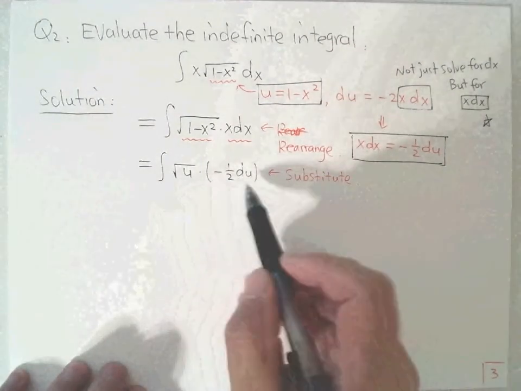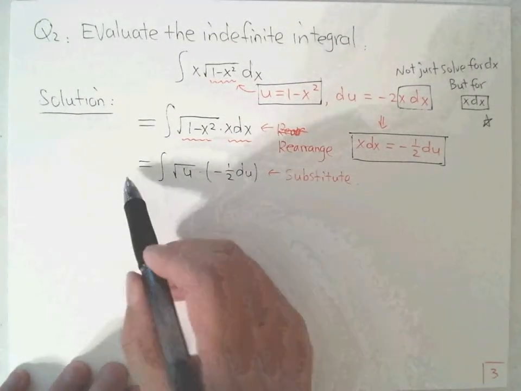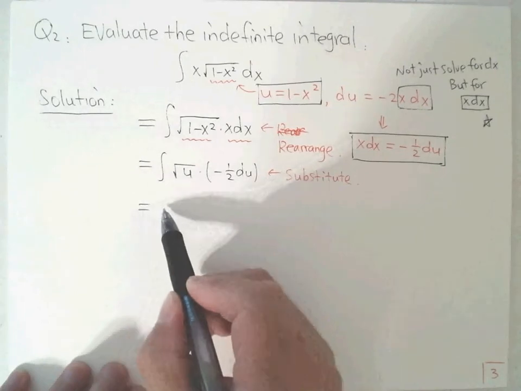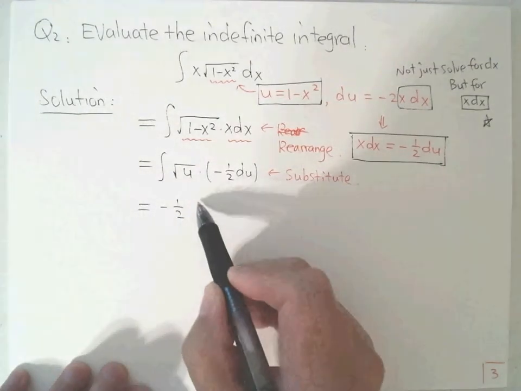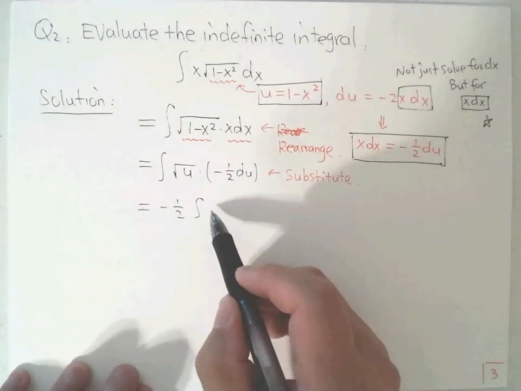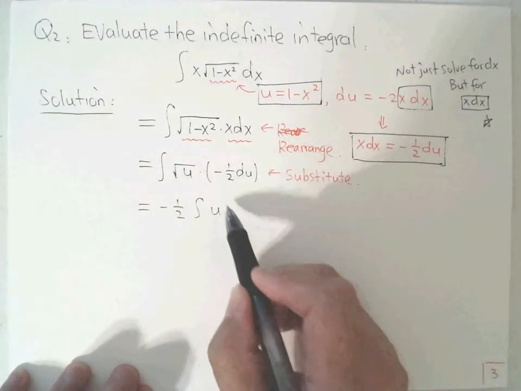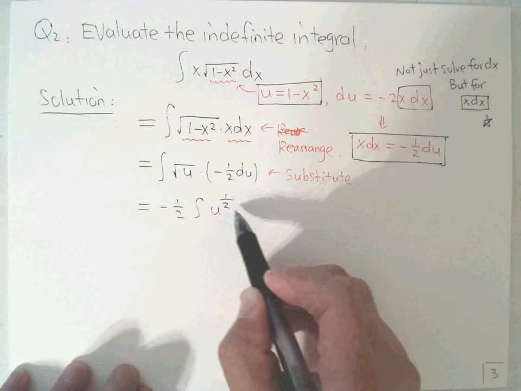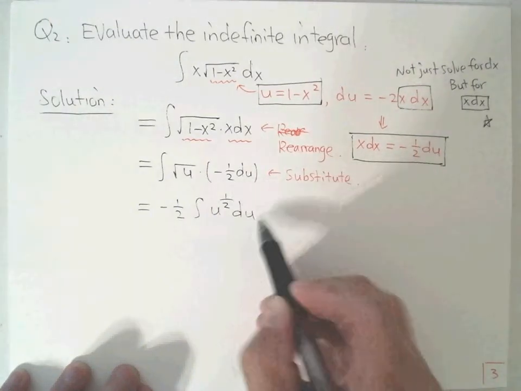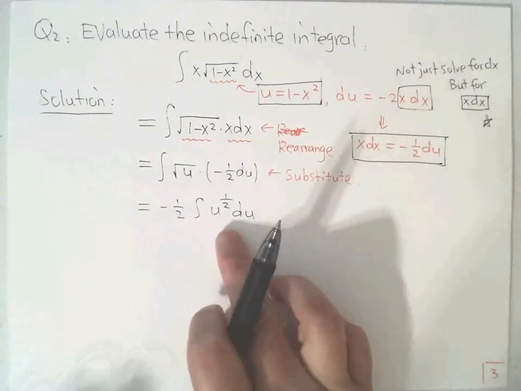Now it's an easy function. There's a constant number we can take out. I take the constant out, and square root of u is better written as u raised to the power of 1/2, and then du.